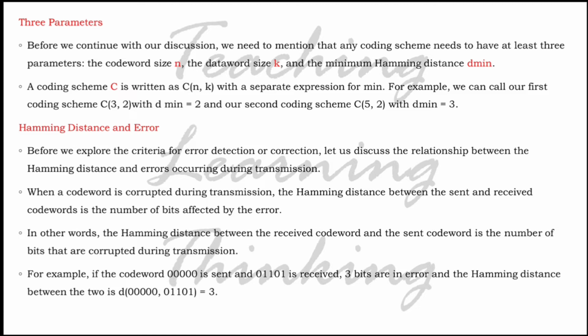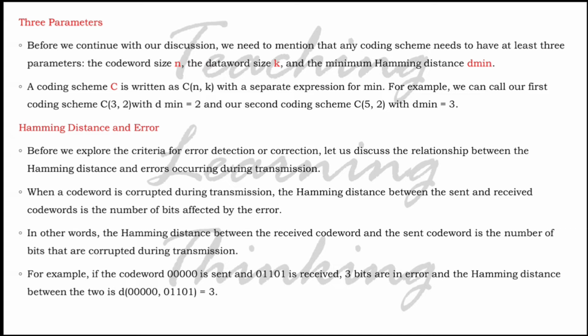A coding scheme C is written as C(n, k) with a separate expression for dmin. For example, our first coding scheme is C(3, 2) with dmin equal to 2, and the second coding scheme is C(5, 2) with dmin equal to 3. In this way we can represent a coding scheme.